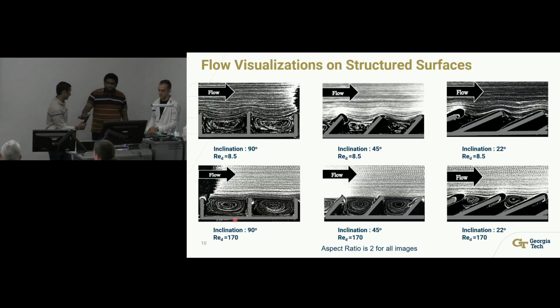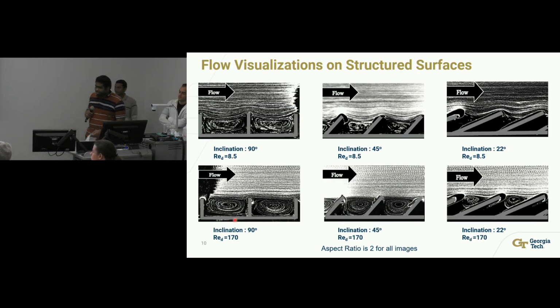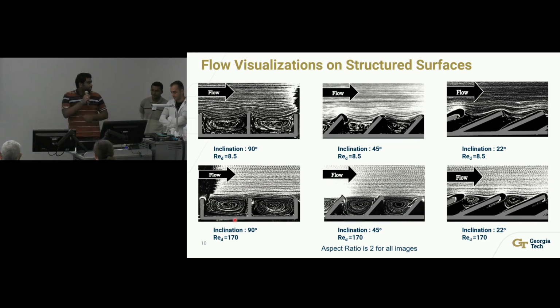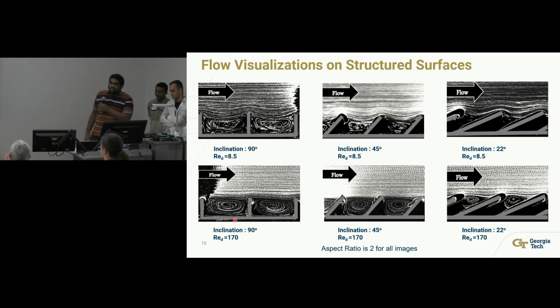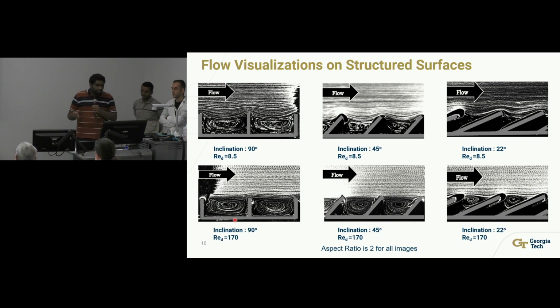Okay. So this is the flow visualization over these structures. They basically considered three inclinations, that is 90 degrees, 45 and 22 degrees. The phenomenon we are basically talking about is only valid for very low Reynolds numbers, precisely until around 10, and beyond that you will not see the roller bearing effect.